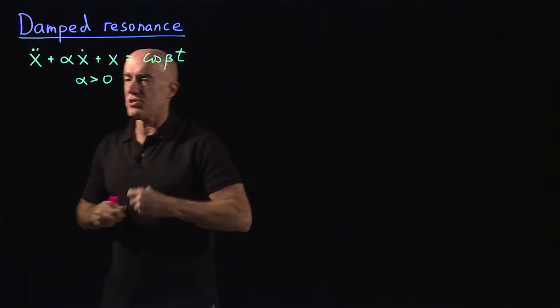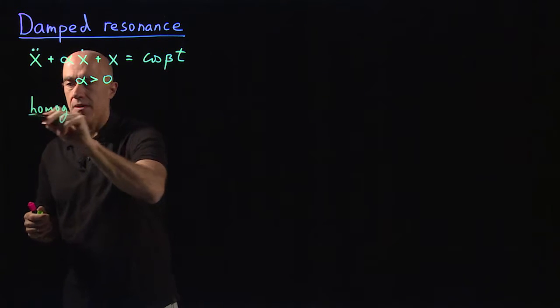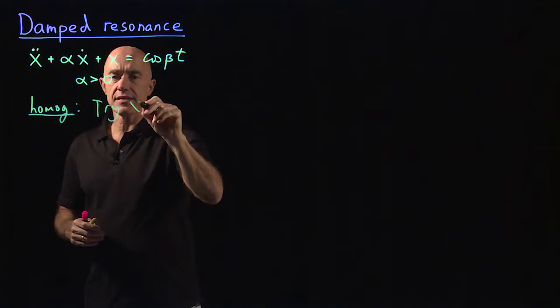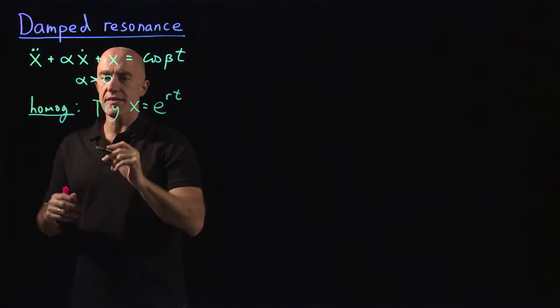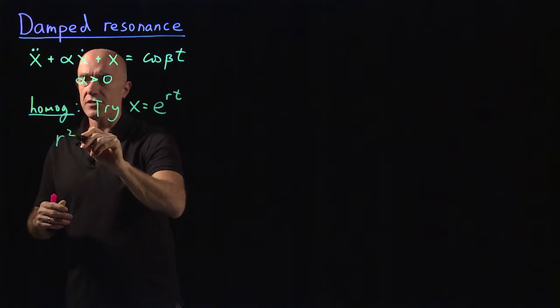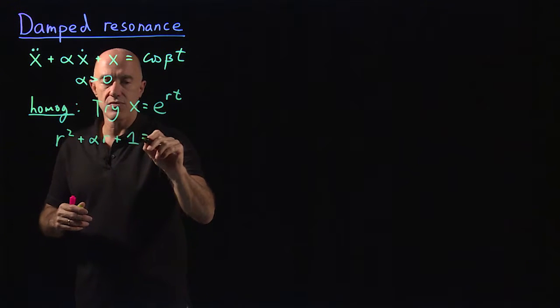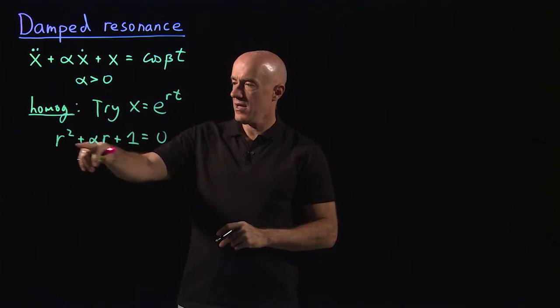We look at the homogeneous solution first. We try x equals e to the rt. Remember, we get the characteristic equation r squared plus alpha r plus 1 equals 0 for the homogeneous equation.